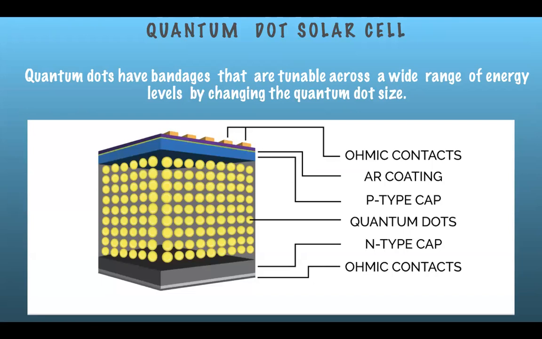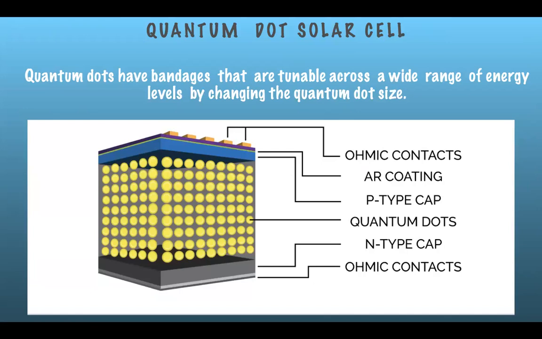This property makes quantum dots attractive for multi-junction solar cells, where a variety of materials are used to improve the efficiency of harvesting multiple portions of the solar spectrum. Here, the quantum dots have band gaps that are tunable across a wide range of energy levels by changing the quantum dot size. Here you can see the picture.